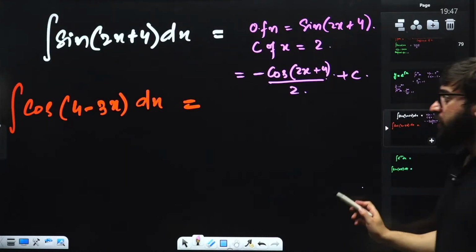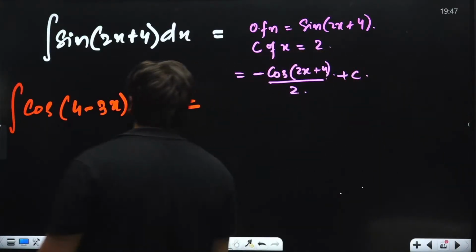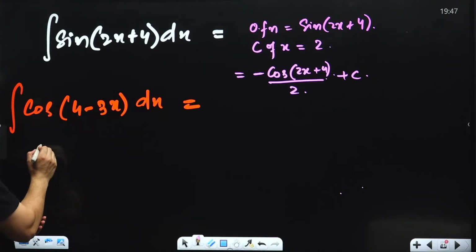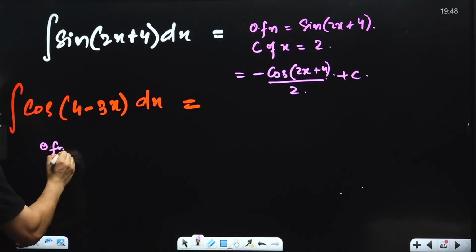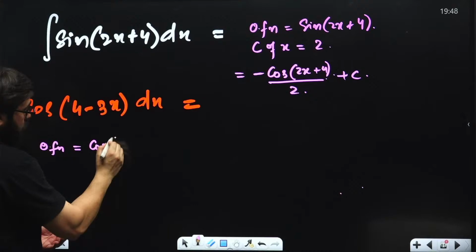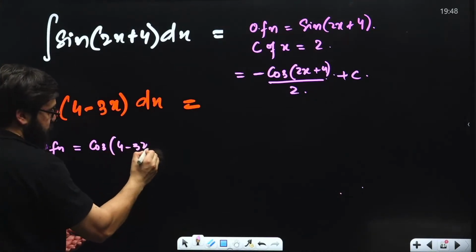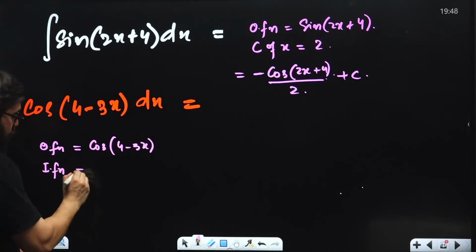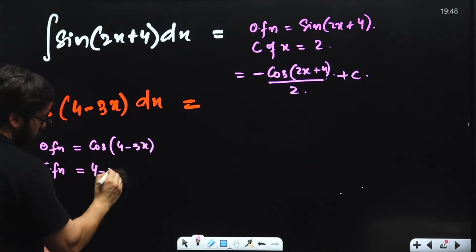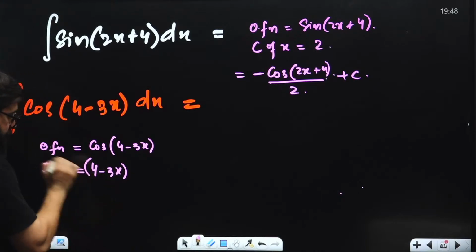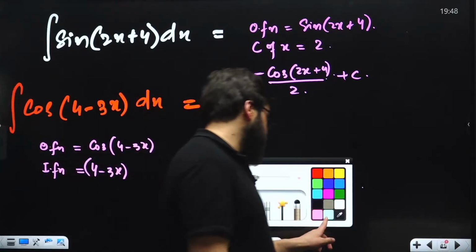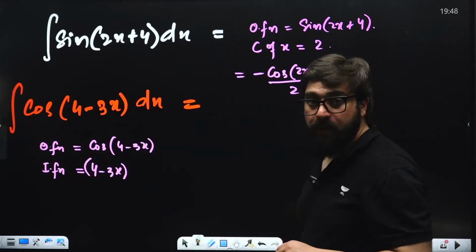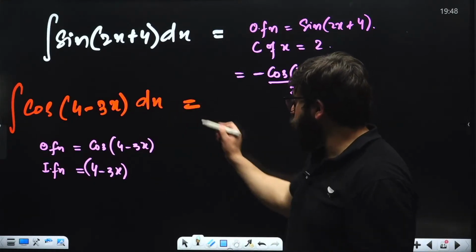Next, in this particular case, the outer function is cos of 4 minus 3x. The inner function is simply 4 minus 3x. Now, let's find the integration of this one.